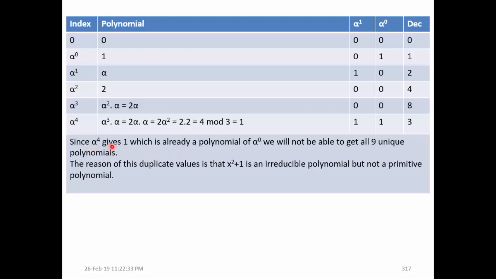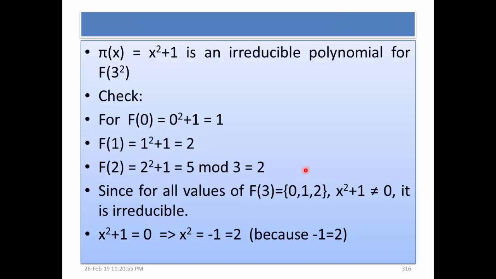Now since alpha 4 gives 1, which is already alpha 0, we will not be able to get all 9 unique polynomials. The reason for these duplicate values is that x square plus 1 is an irreducible polynomial but not a primitive polynomial. This is the main difference.